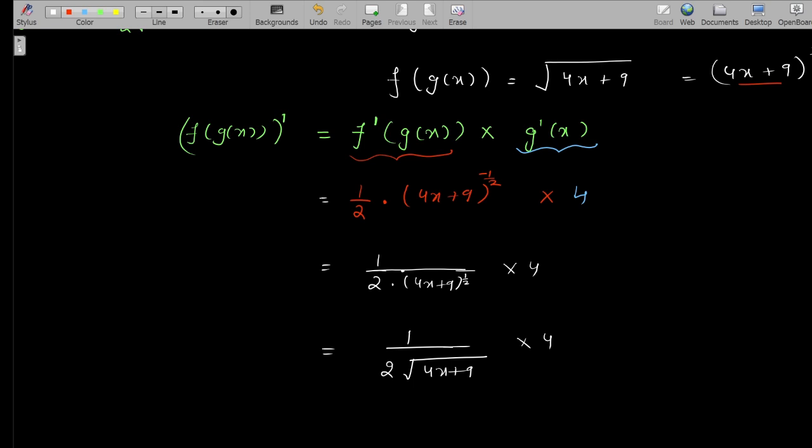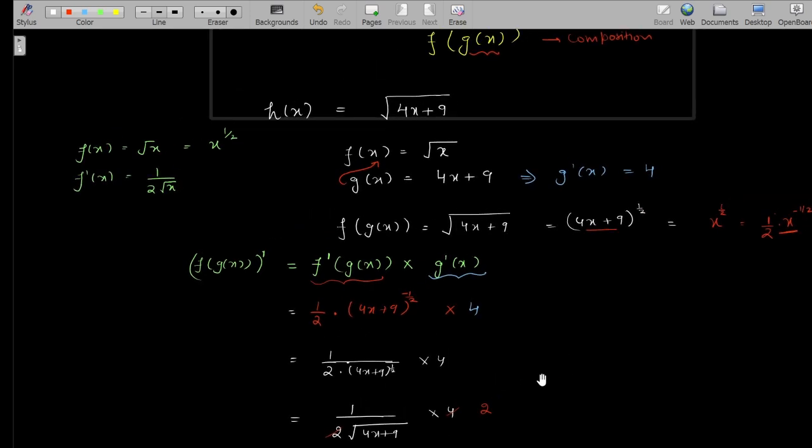So that is 4. You can further simplify this. 2 times 2 is 4. So your final answer will be 2 over square root of 4x plus 9. So we are going to practice a lot of questions based on this chain rule.